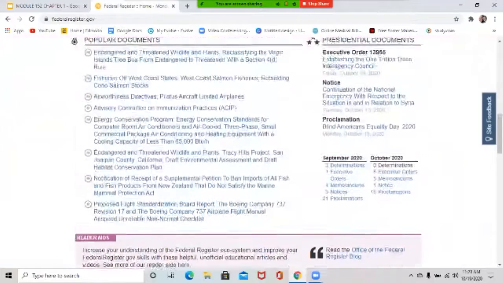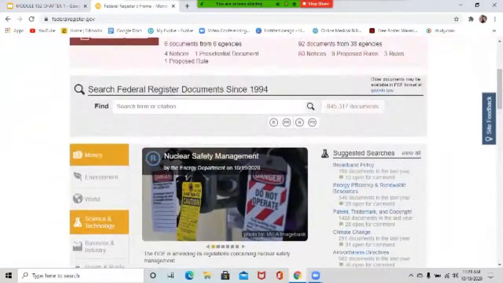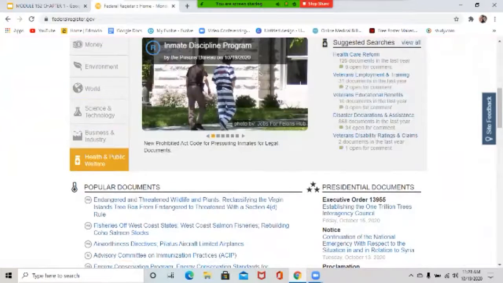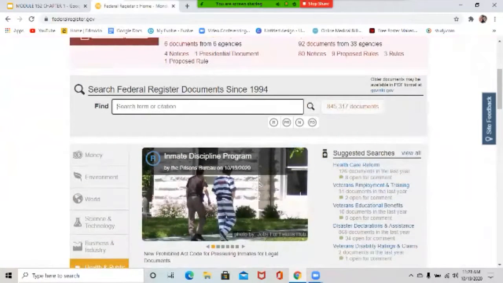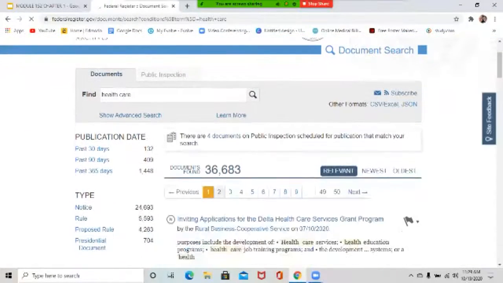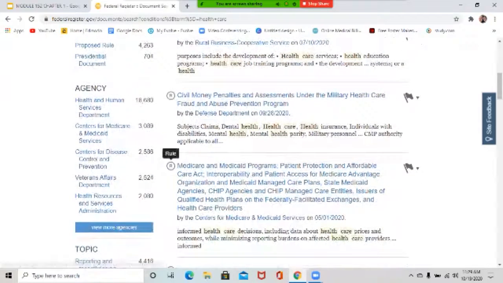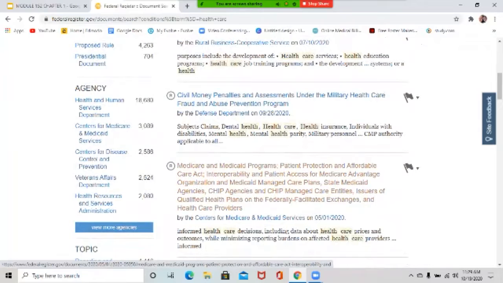And then it gives you different parts of, like you see, it's money, environment, world, health, and public welfare. I'm going to go and find search and just put health care. And so when that comes up, look at, here's one, Medicare and Medicaid programs, patient protection and Affordable Care Act, interoperability, and different things like that.